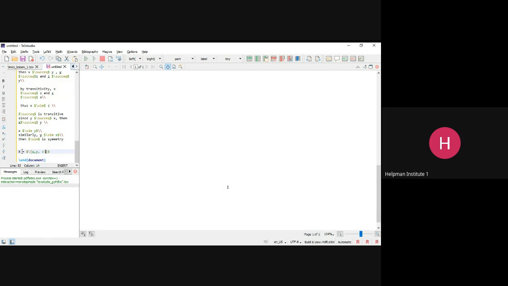If you have a set like this, you just pay attention. If you have a set like that, then the cardinality of the power set of X is equal to 8, right?